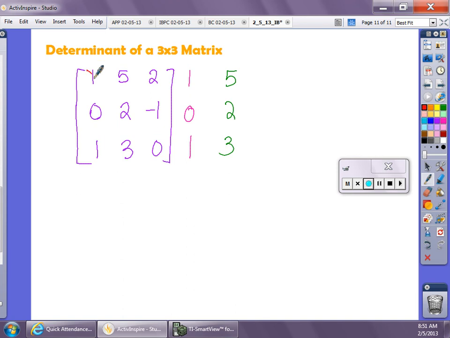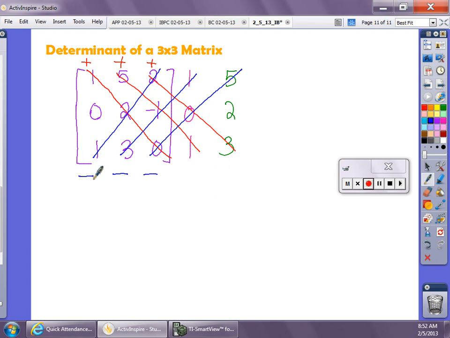So in a diagonal, this would have a plus sign, this would have a plus sign, and this would have a plus sign. And then going the other way, let's use blue because I didn't use that color. You're going to start from the back and go this way, and this would be a minus, and a minus. And then it's going to look like a hot mess. So that's the setup. If you can make that picture happen, you pretty much have your determinant.